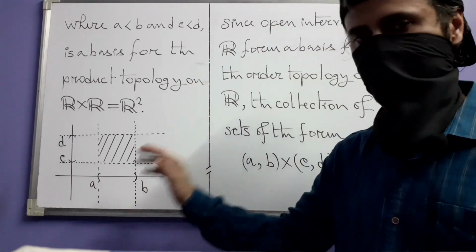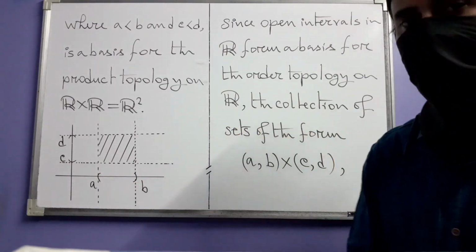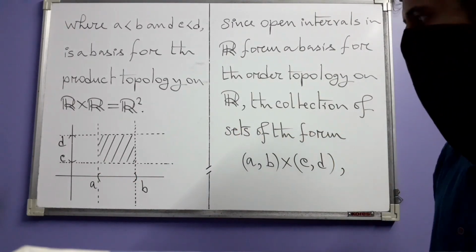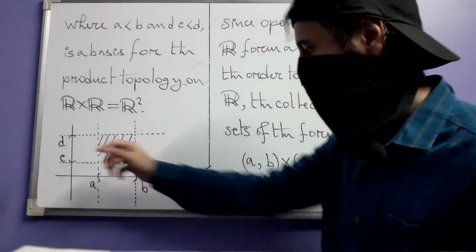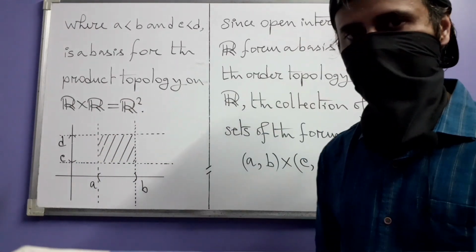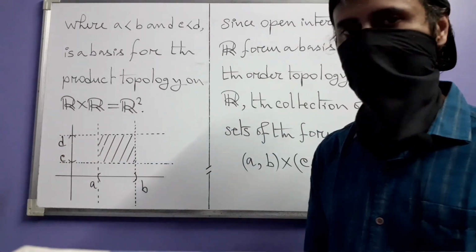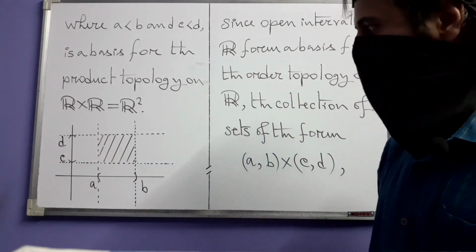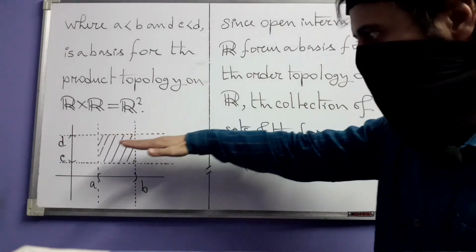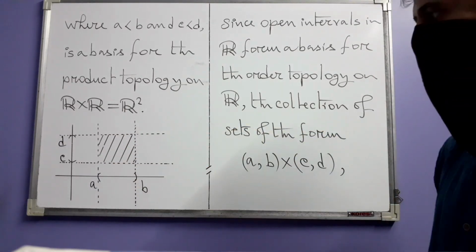Geometrically, the line segment represents the open interval whose endpoints are not included because it's open. Similarly, this one is represented geometrically by this vertical open interval on that copy of R, again with the endpoints excluded, and that is why these lines are dashed lines, not solid lines.